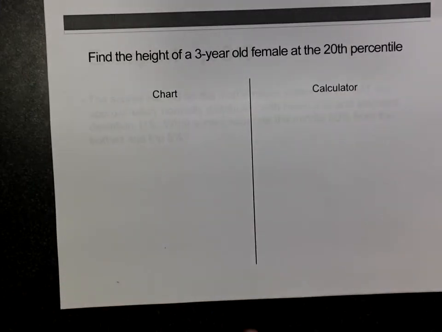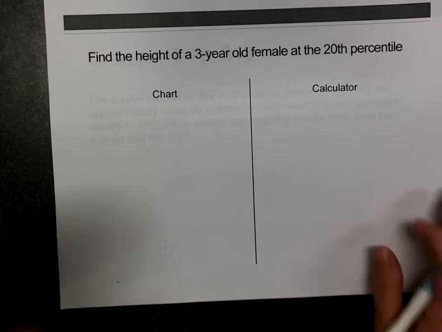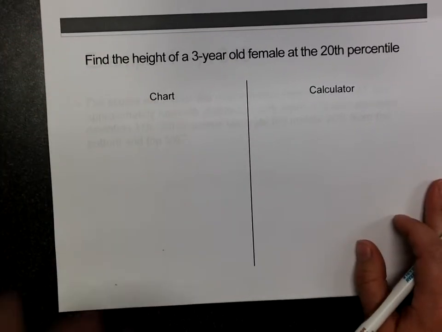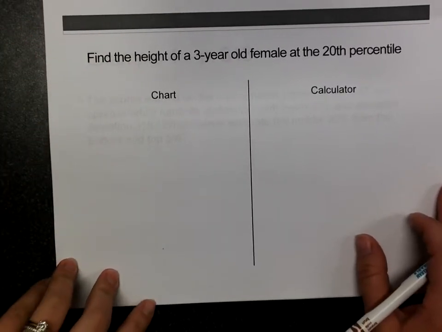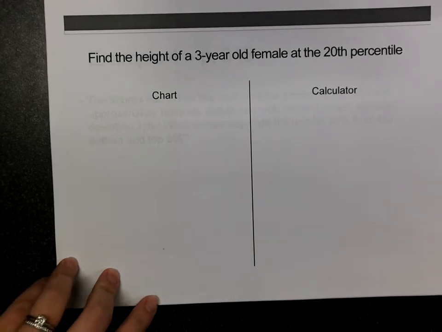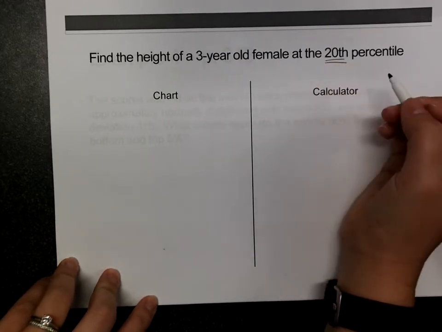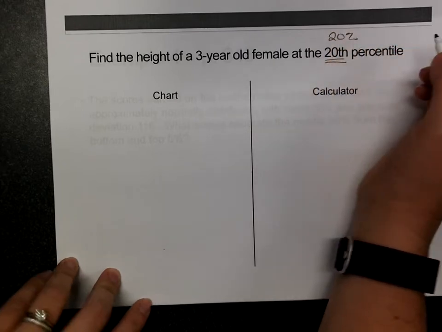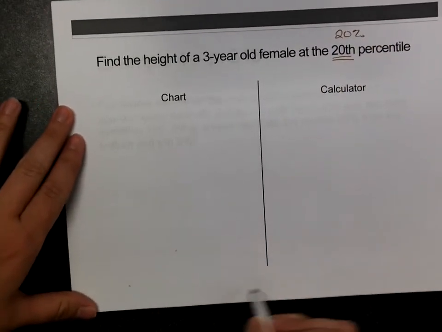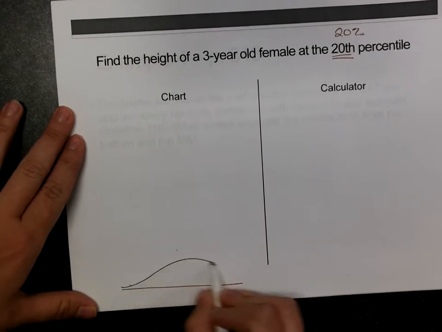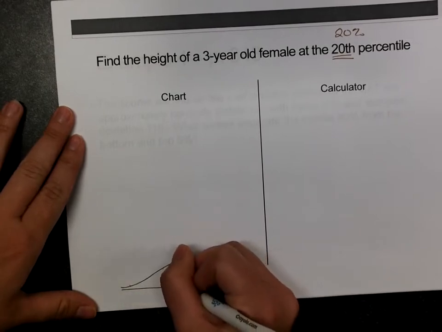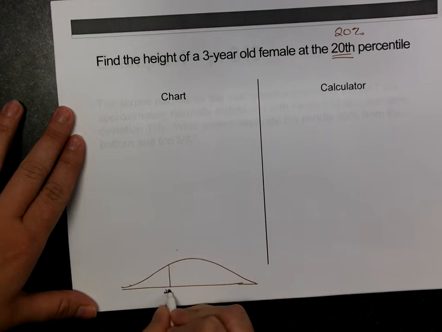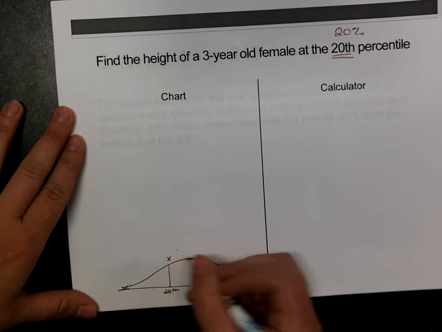So using that same situation with the heights of female 3-year-olds, we're going to find the height of a 3-year-old female at the 20th percentile. The 20th percentile covers 20% of the curve. So let's just draw a quick sketch to remind us what a percentile is. Someone at the 20th percentile means that they are taller than 20% of the rest of the females.